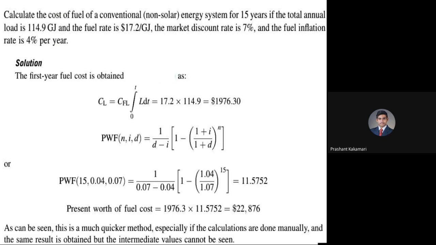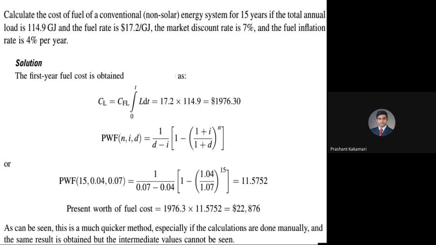Present worth of the fuel cost means, for the future 15 years, the amount required. So 1976.3 dollars into the factor 11.5752 will give us the present worth of the fuel cost, or the present value of the fuel. That is coming around $22,876.